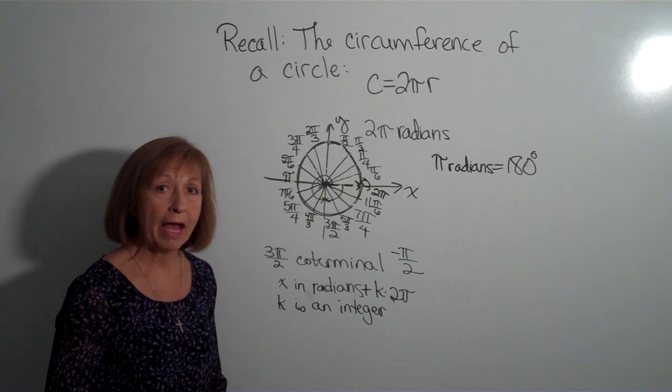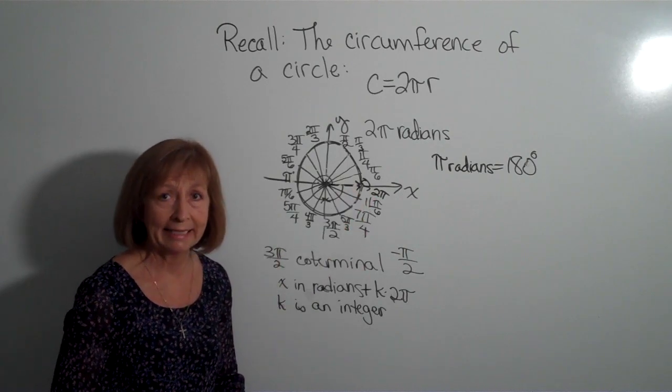And then 12 pi over 6 simplifies back to 2 pi.